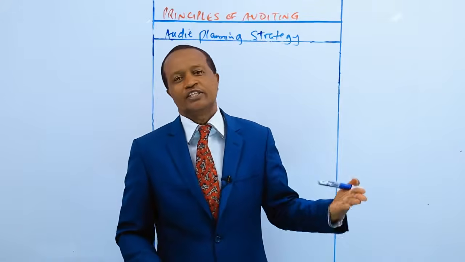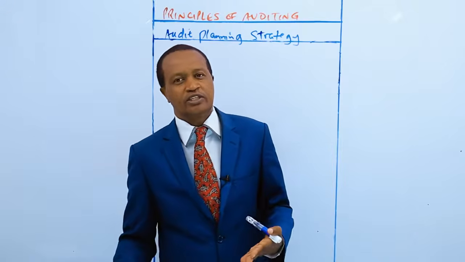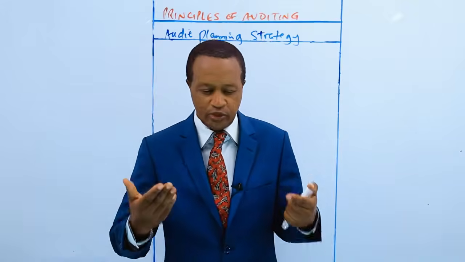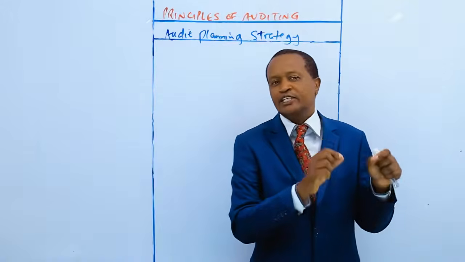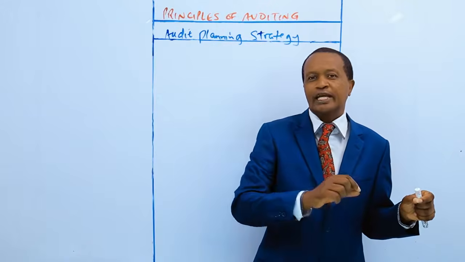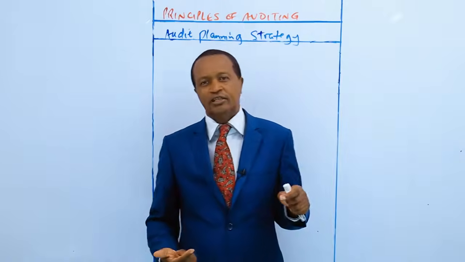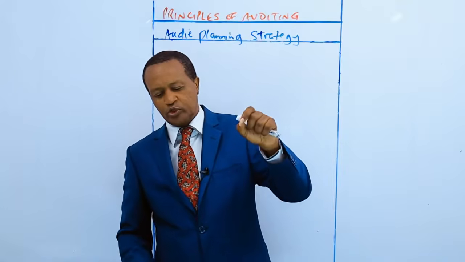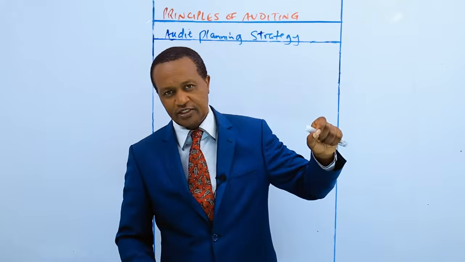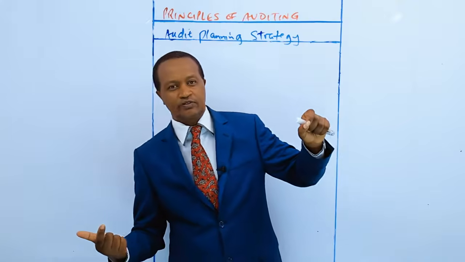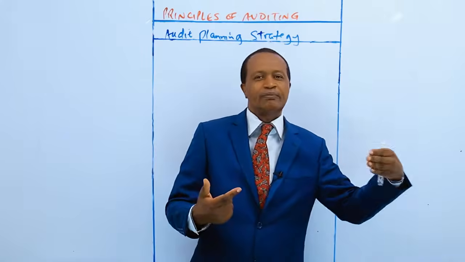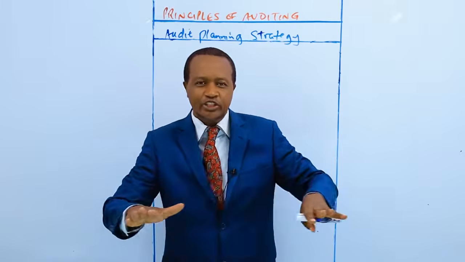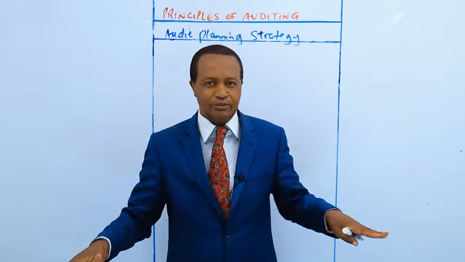So an efficient audit, an effective audit depends on how well the auditor has planned his work. So when embarking on an audit, a solid plan is essential to ensure efficiency, effectiveness, and the ability to gather sufficient appropriate evidence. So the audit planning strategy, candidate, sets the stage for the entire engagement.